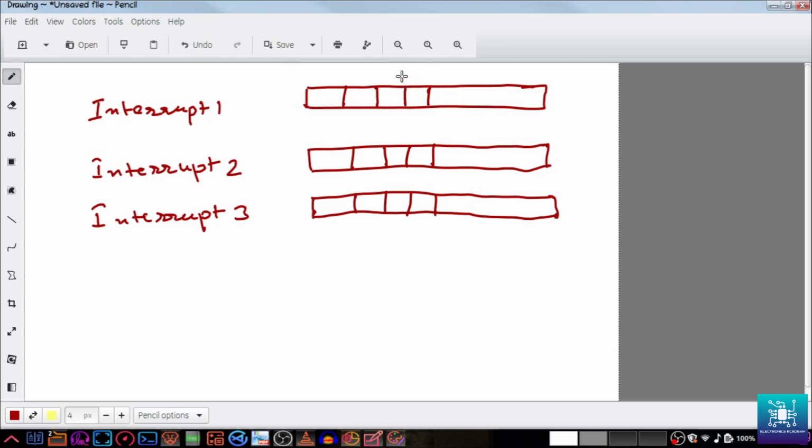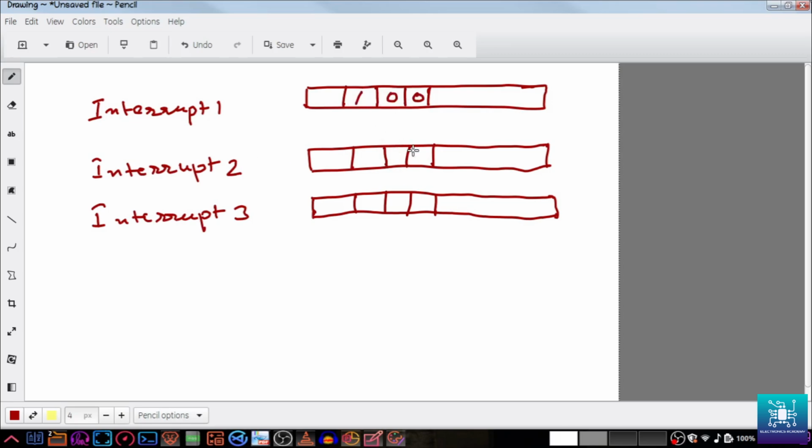Okay, so let's say we have all 4 bits first. Let us say that we set the priority of interrupt 1 to be 4. Since all the bit fields here are considered within a group, 4 will be 1, 0, 0.